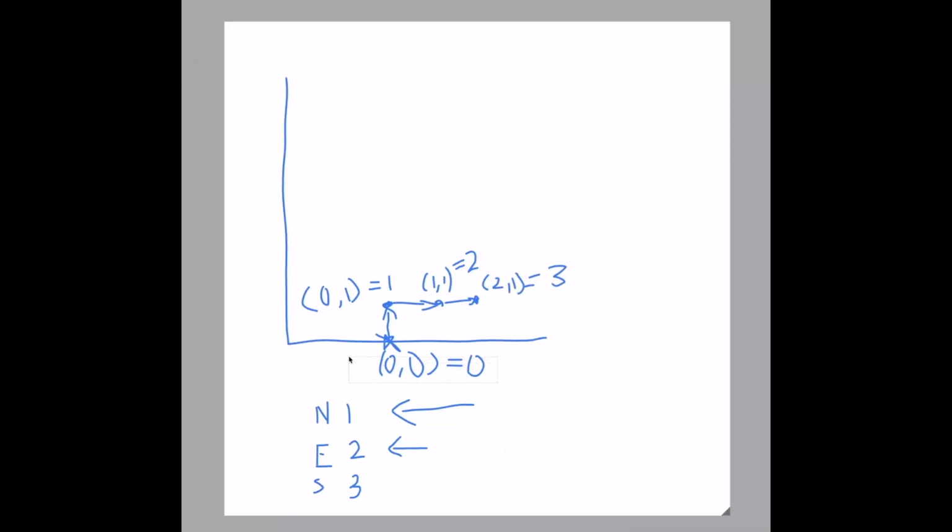The next one is south 3, so we're going to go 3 down. We get to 2, 0, which equals time 4, and then 2, -1 is going to equal time 5.